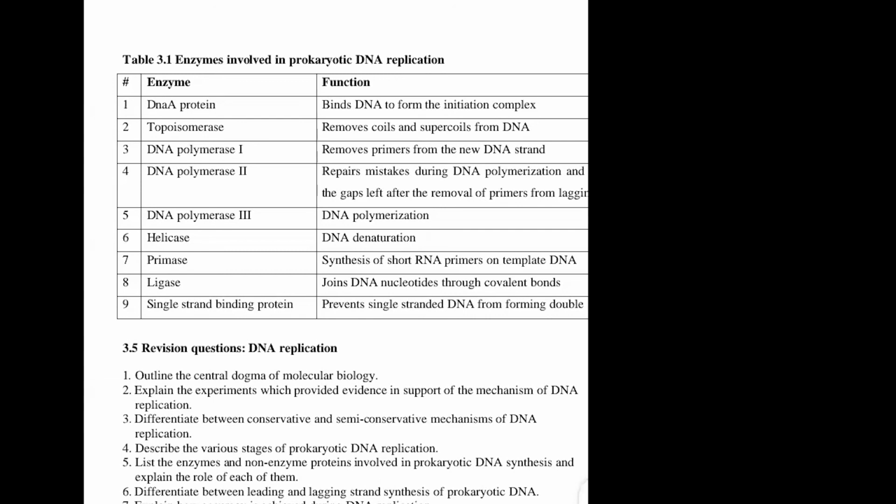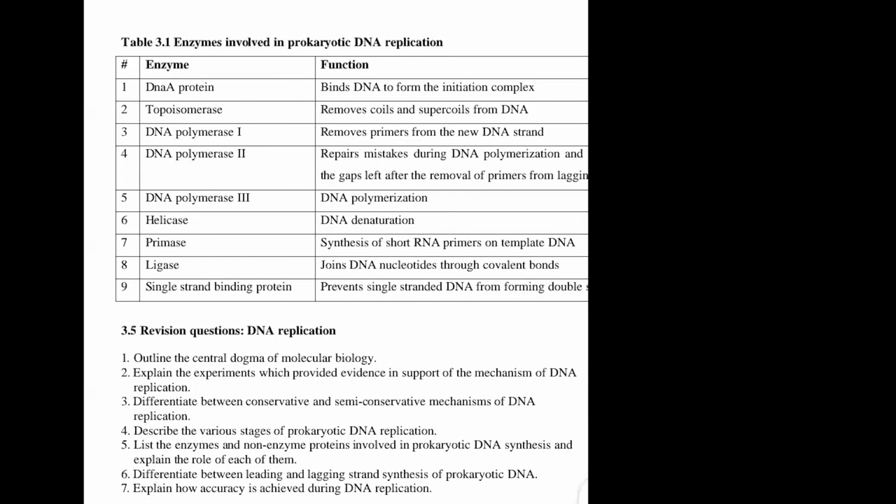Then we have topoisomerase. This one removes coils and supercoils from DNA. You should know the other name for topoisomerase, that is DNA gyrase. Its function is to remove the supercoils and the coils from DNA.